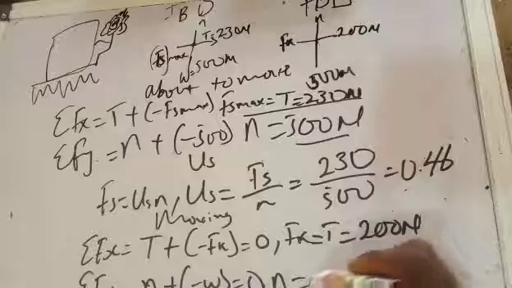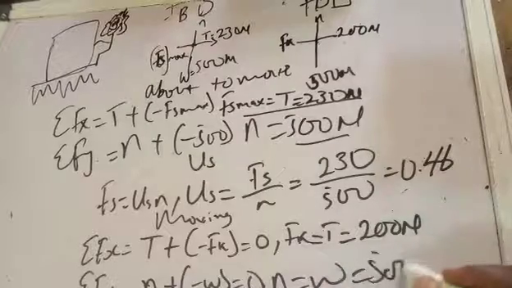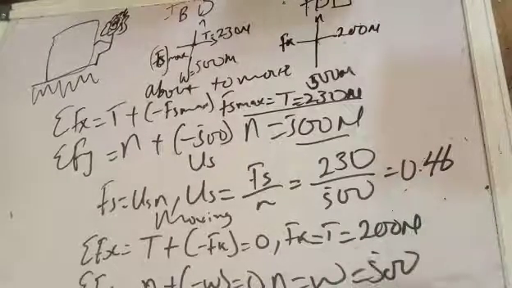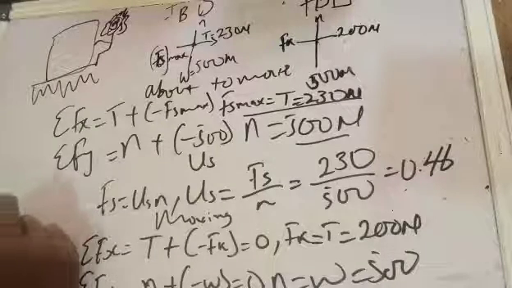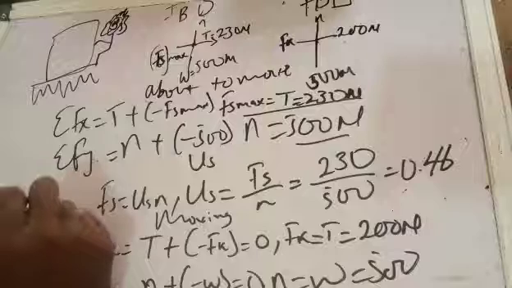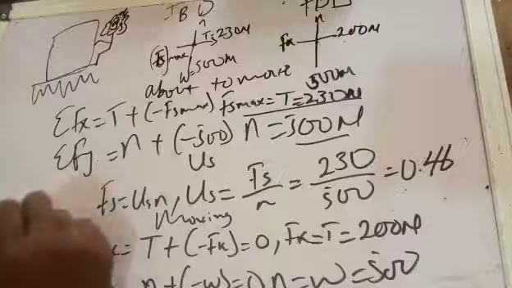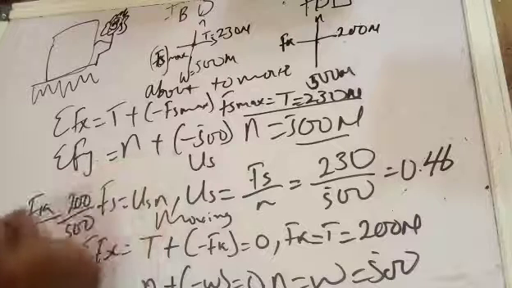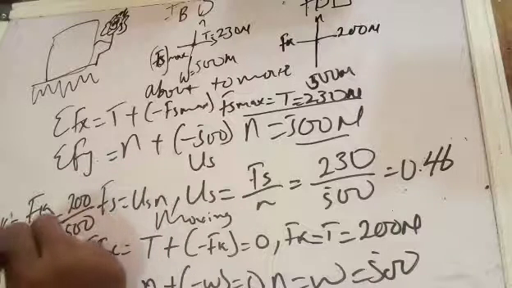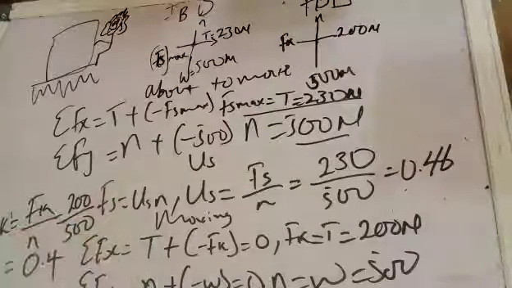But our N is equal to W, which is still equal to 500. We got our Fk, we got our W, just divide. Now for our mu k, we say it is Fk over N, and our Fk is 200 over 500, which gives us 0.4.